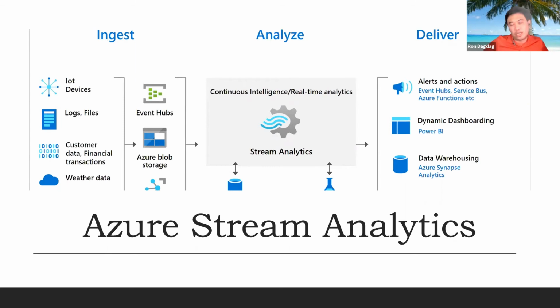So if you're planning a project that relates to streaming data, as you receive it and identify, hey, there's an anomaly on this data set, this would be a good way. You might want to read more about Azure Streaming Analytics.